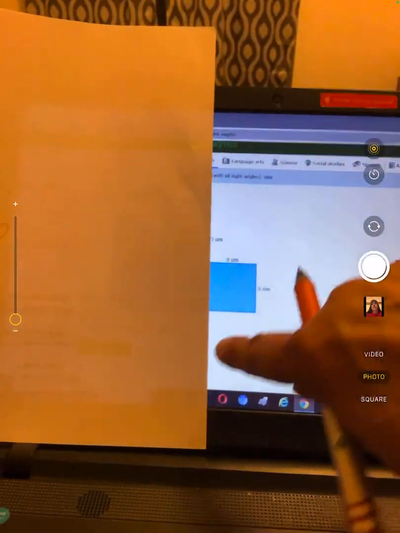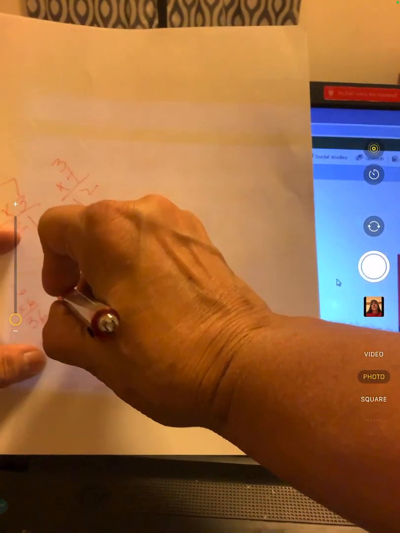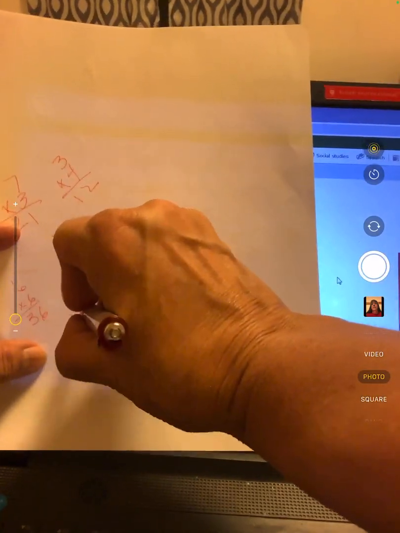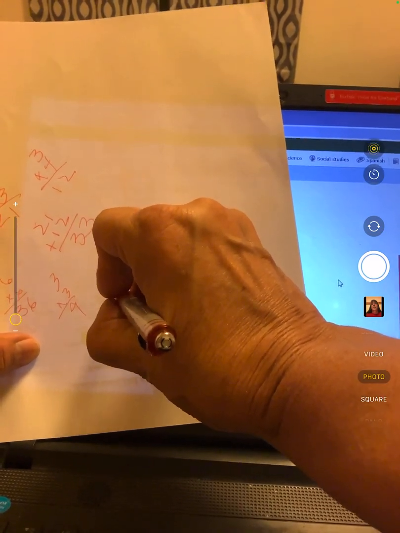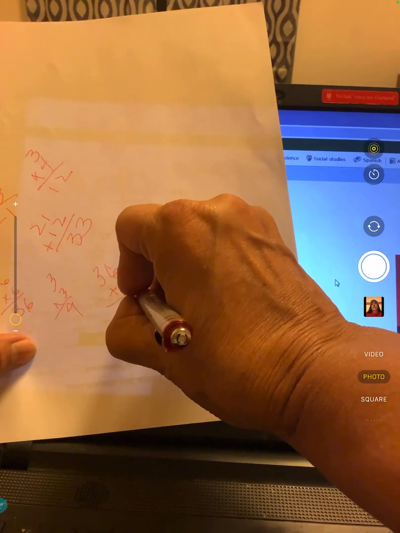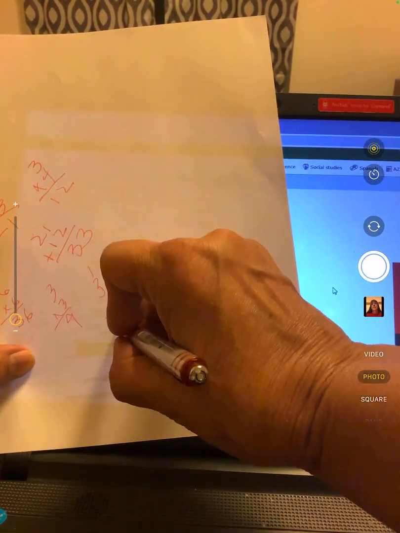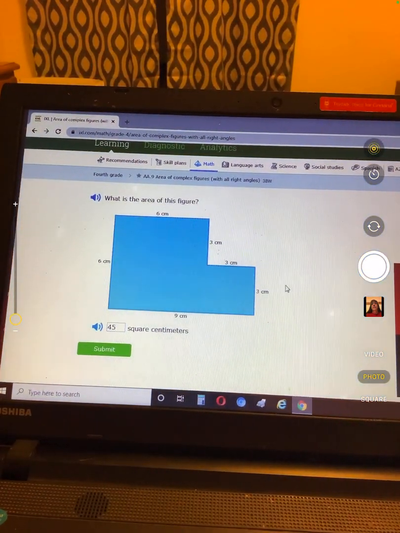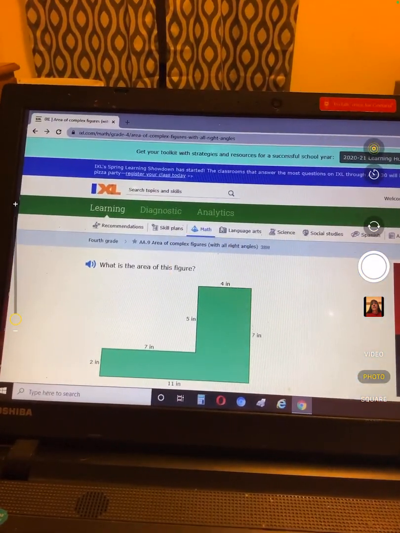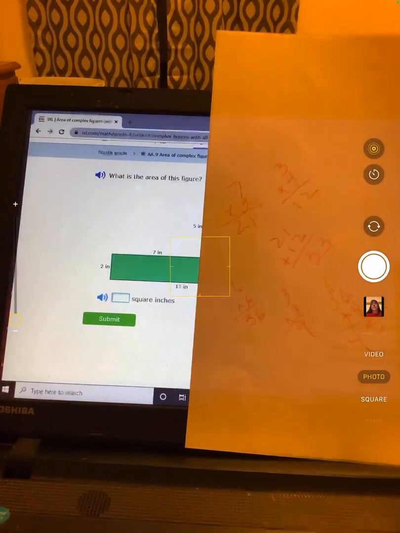Now if I move my paper over, I have a square that's 3 by 3. 3 times 3 is 9, and then we add those together. 6 plus 9 is 15. So 45. Yeah, I would do that if I were you. Put a paper up there and go with the smaller numbers.